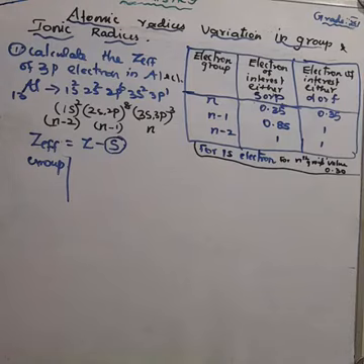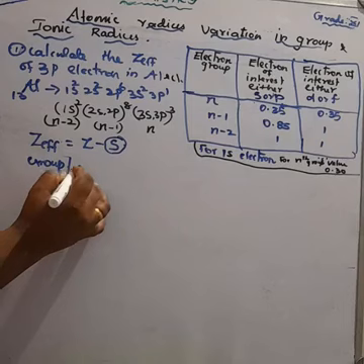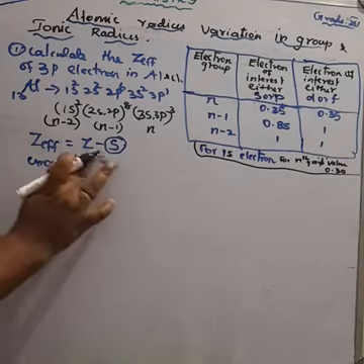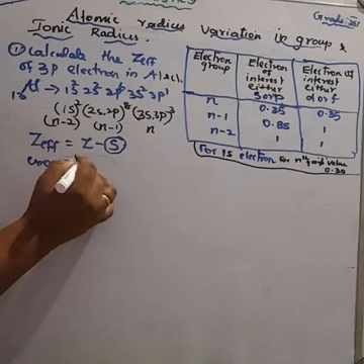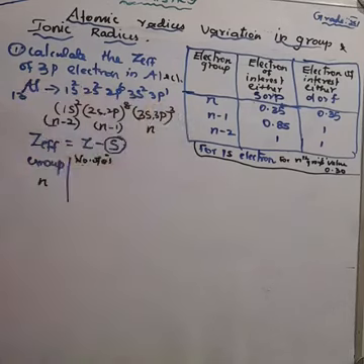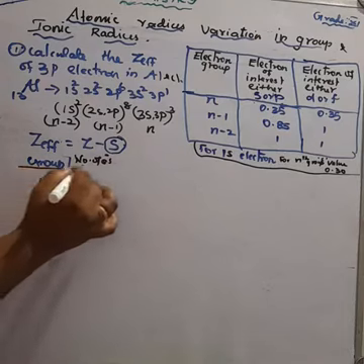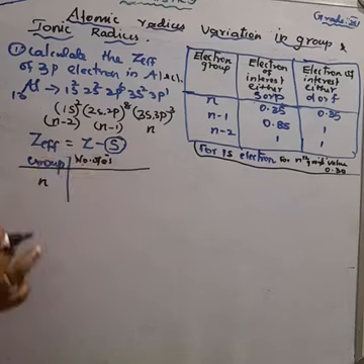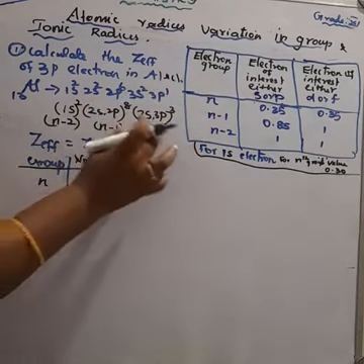So here the group name is n. How many electrons are there in the nth group? Totally 3 electrons. But as I already told you, if we are taking an electron from the nth group, we should subtract 1 from the total number of electrons.